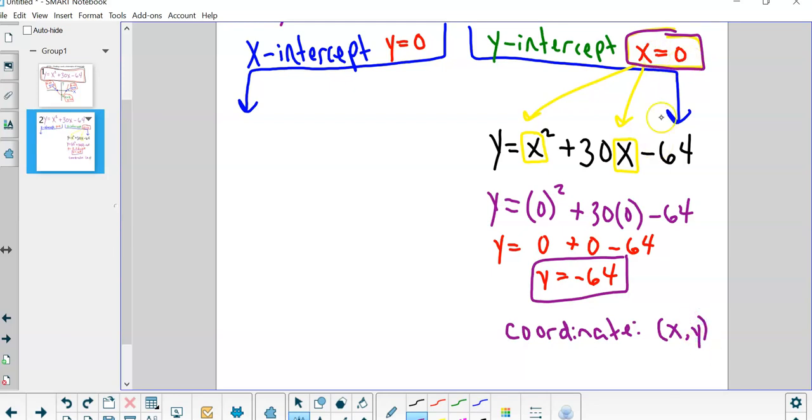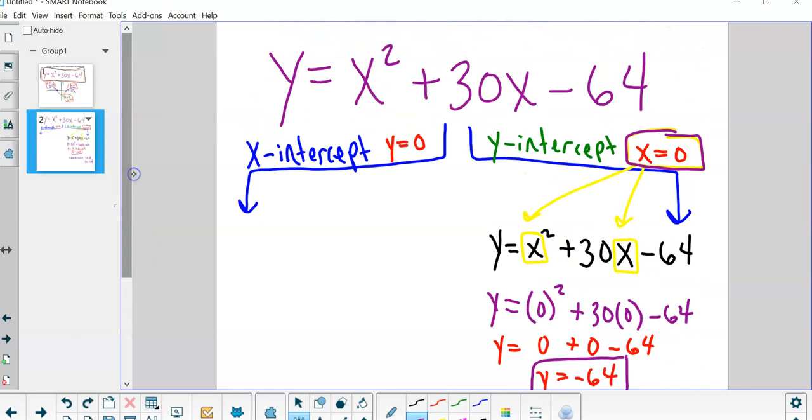The x value is 0, so it's going to be 0 comma negative 64. Right? So we have found the y-intercept for y is equal to x squared plus 30x minus 64. But we're almost there. I wouldn't say 50% of the way there, but we're pretty close to the point where we're done with this problem.